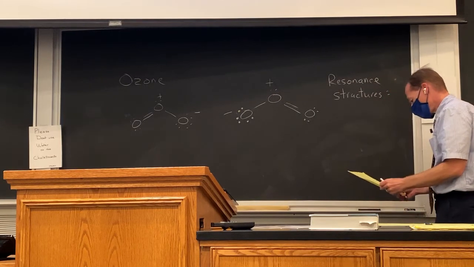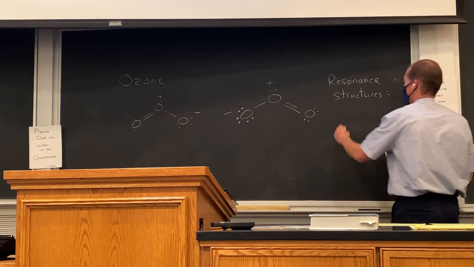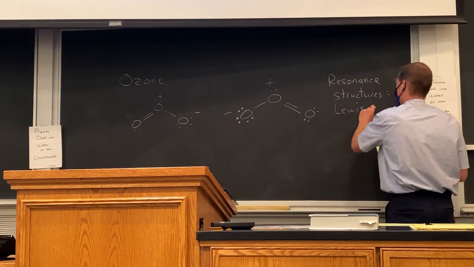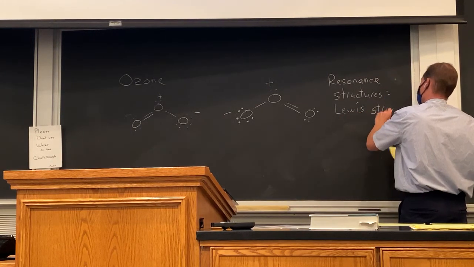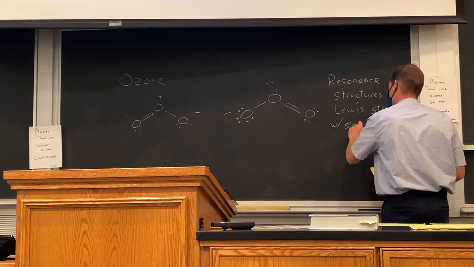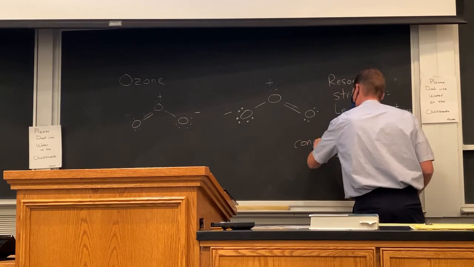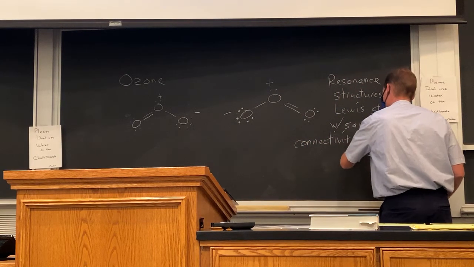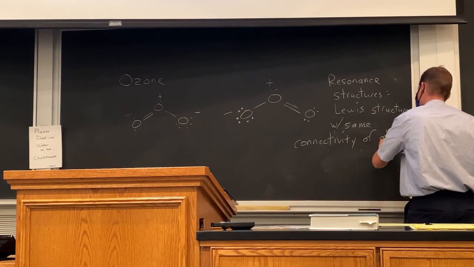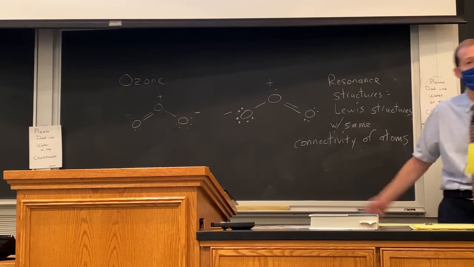So resonance structures, we will define those as Lewis structures with the same connectivity of atoms, meaning the atoms are connected together in the same way.